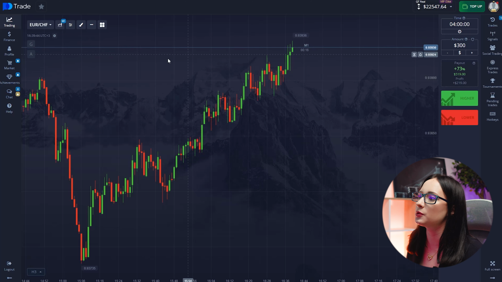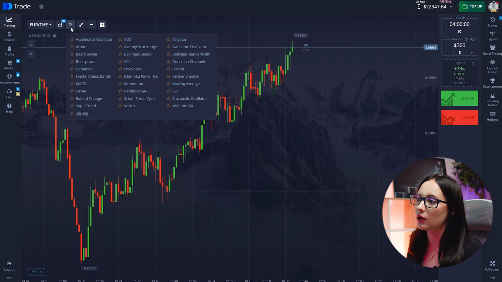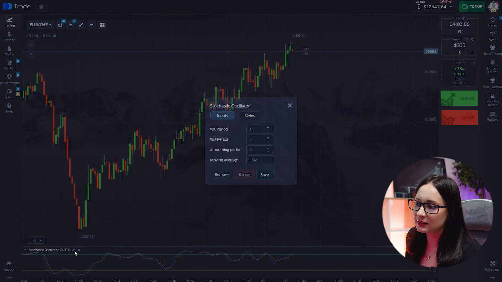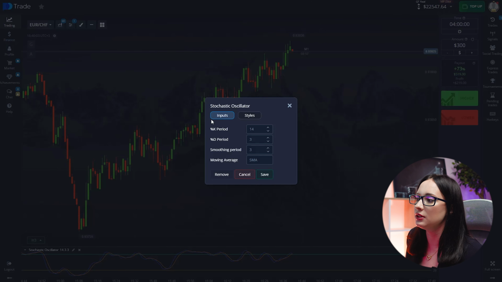So as I set up in Pocket Option platform, I go here to the top left corner, and first of all, what I do is pick up the stochastic oscillator. Here we are. So as I said, it consists of two lines. To understand which line is which, you go here. We don't need to change the settings.